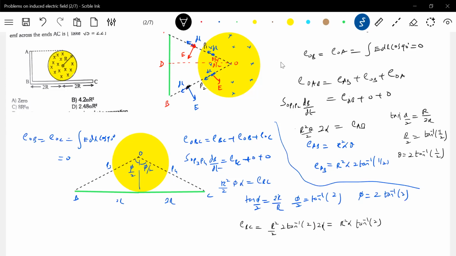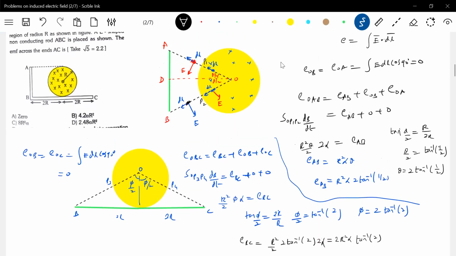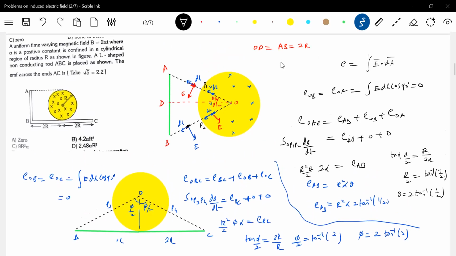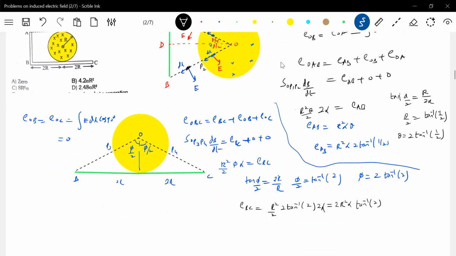Shall I add up finally? Check it once, the calculations. 2 alpha. Okay. 2r square alpha.